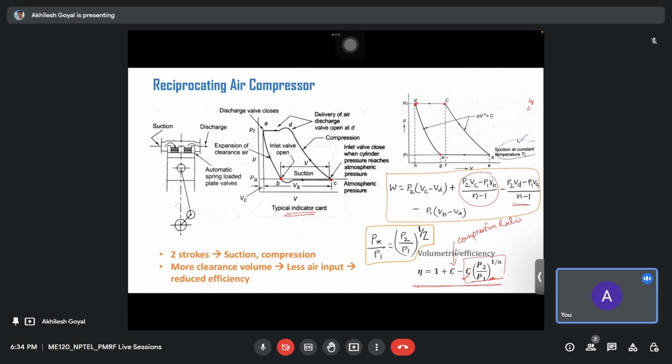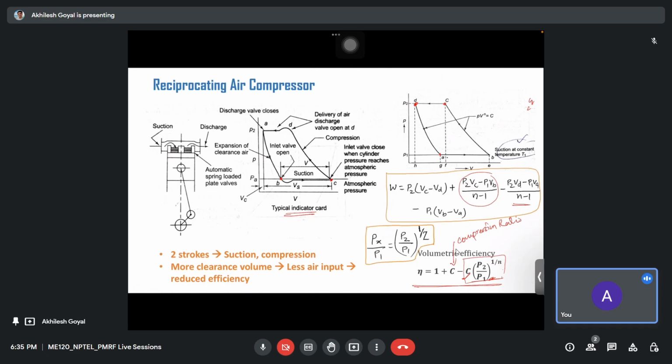So if it is a two-stage compressor, the pressure ratio is (P2 by P1) raised to power 1 by 2, and for Z stages, it will be (P2 by P1) raised to power 1 by Z. So this is the brief of the reciprocating air compressor, and based on this we will solve some questions.